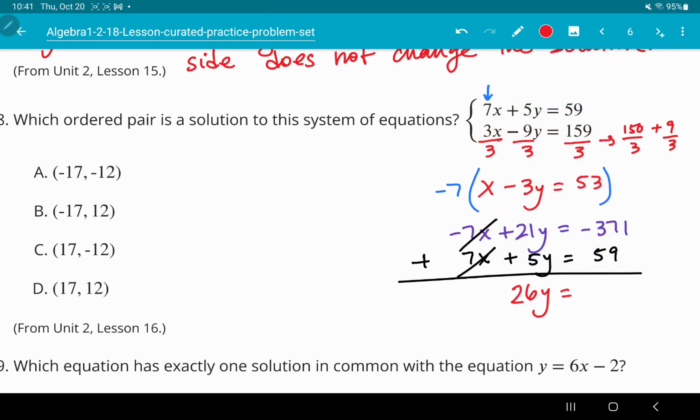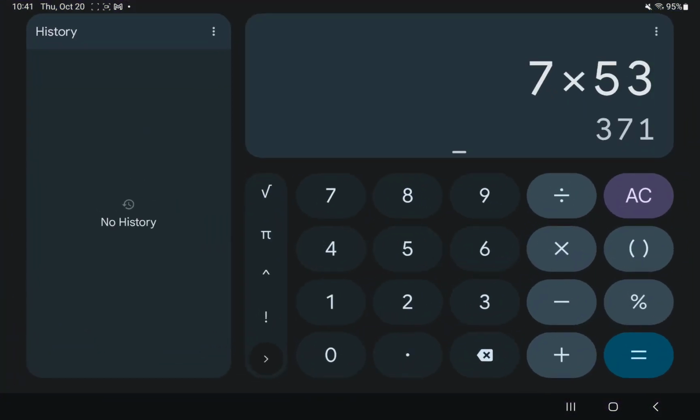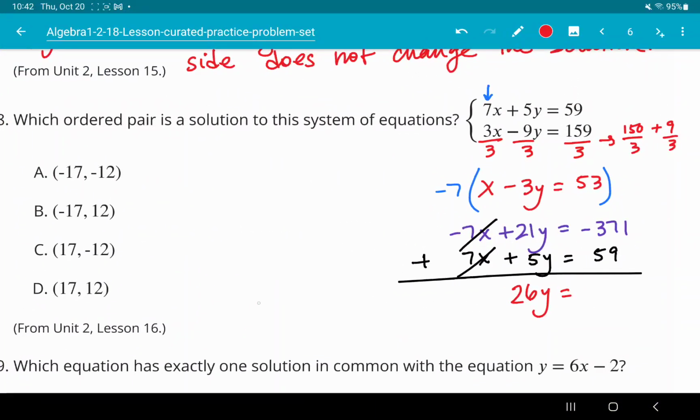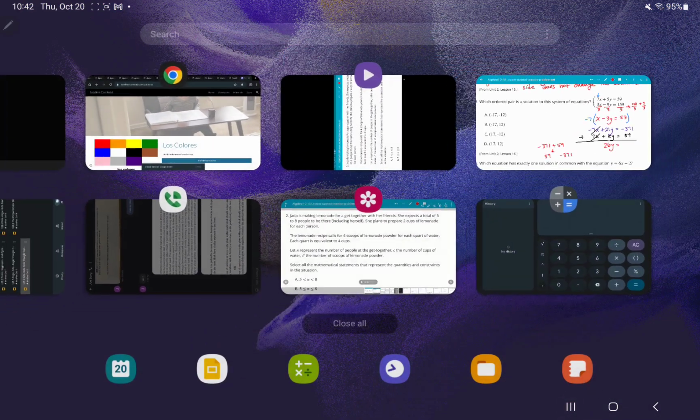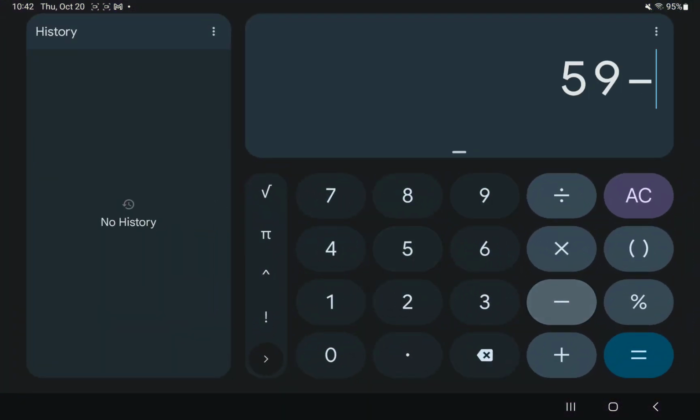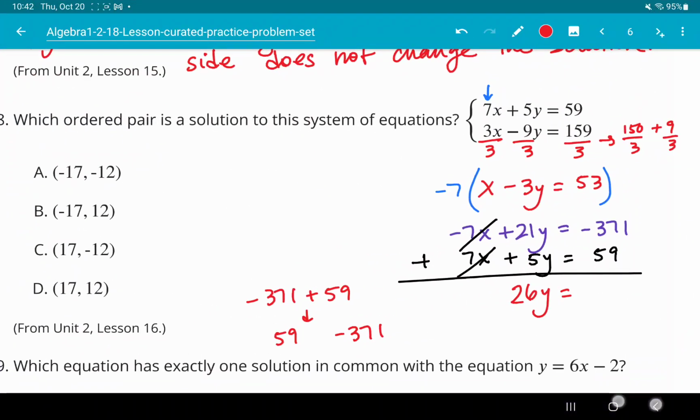And I'm going to have negative 371 plus 59, which is the same thing as 59 plus negative 371, which is the same thing as 59 minus 371. So I get negative 312. So I'm going to have here a negative 312.